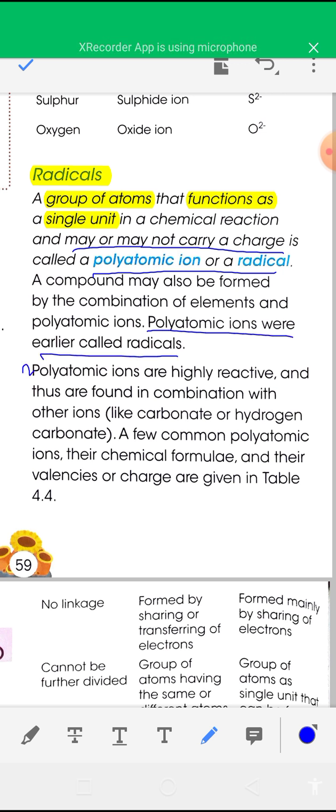Polyatomic ions are highly reactive, and they are found in combination with other ions such as hydrogen, carbonate. So polyatomic ions or radicals are highly reactive in nature. They are found in combination with other ions.